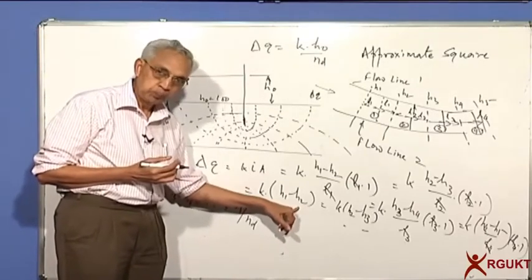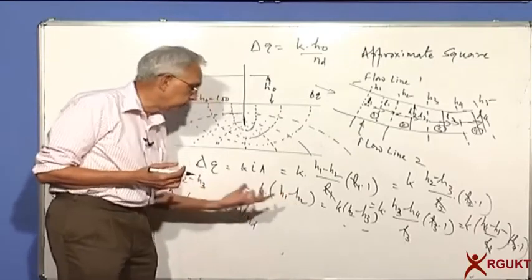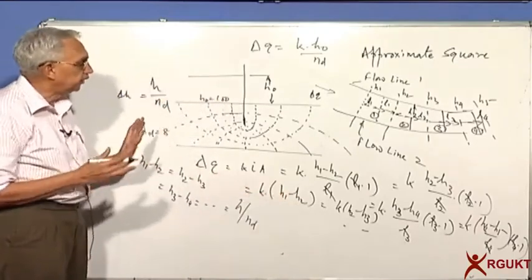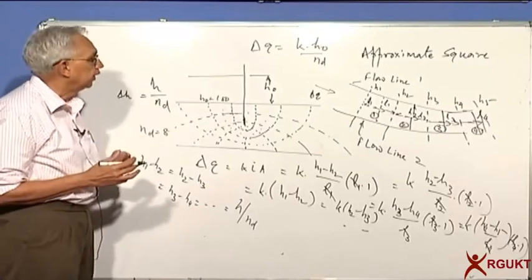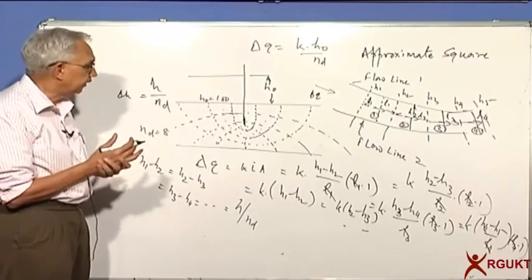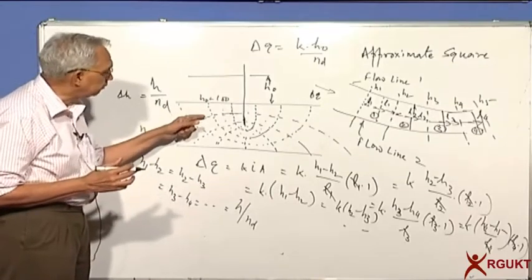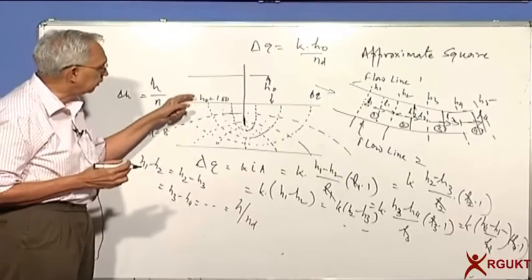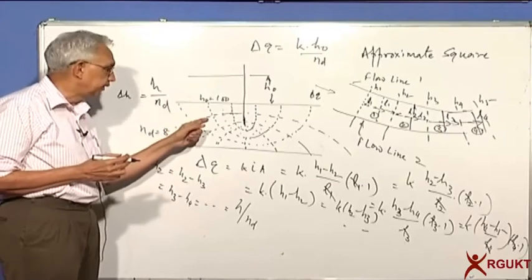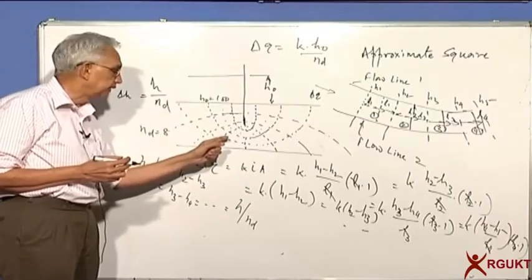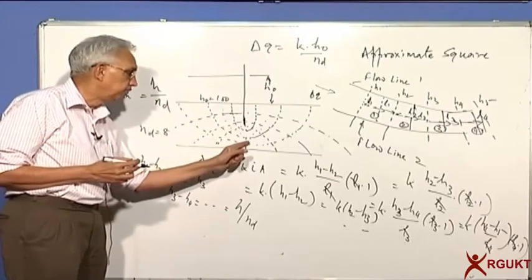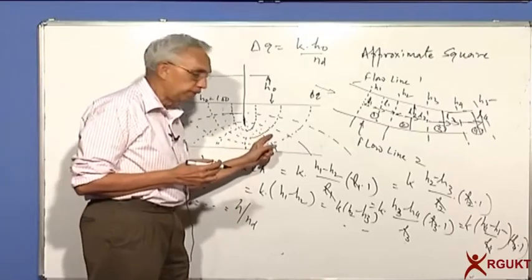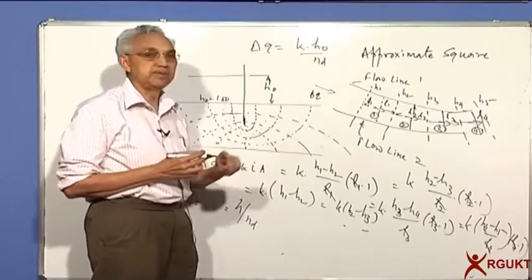And this drop, again, because we are dividing into a finite number of equipotential lines or nets or areas, I can say that depending on the drops, head drops from 100% to say 87.5, 75%, 62.5, 50%, 37.5, 25, 12.5 and 0.